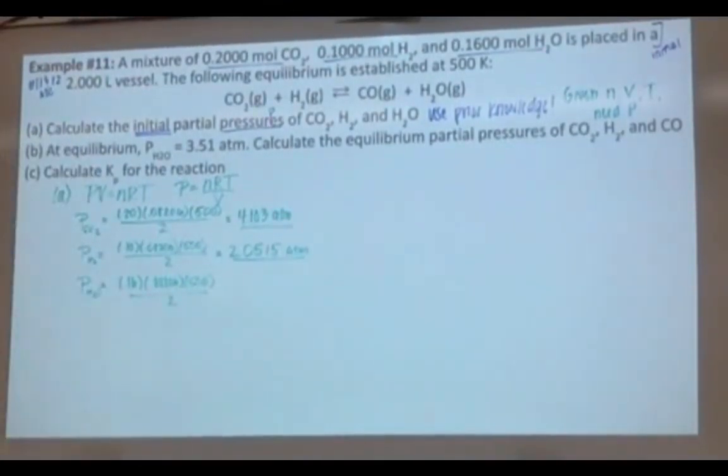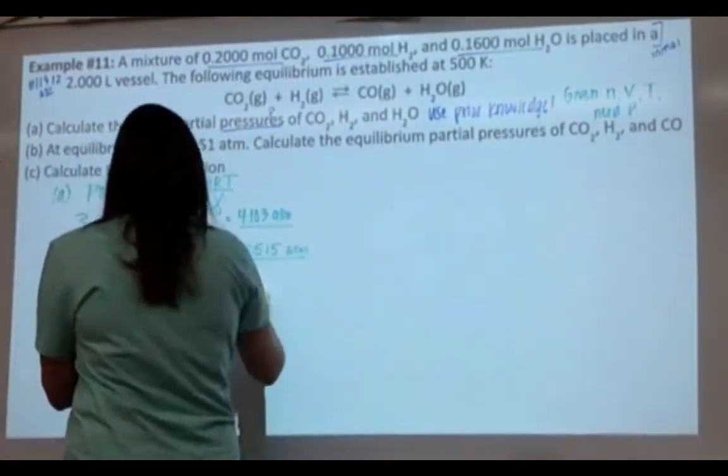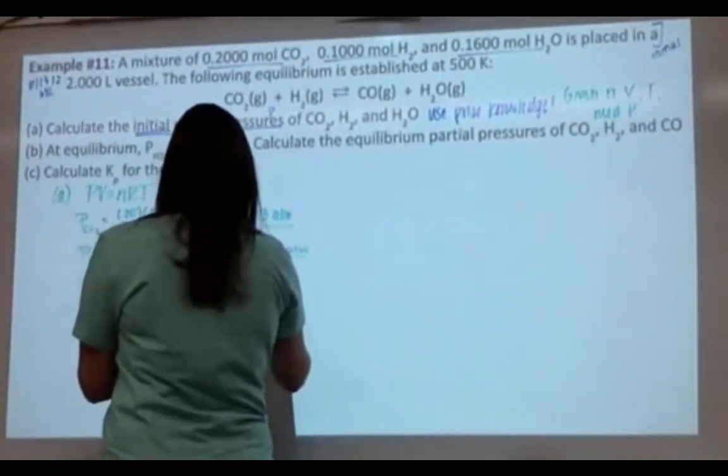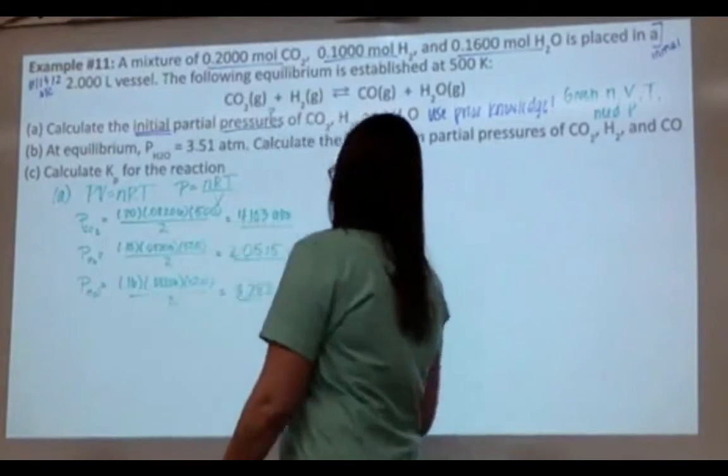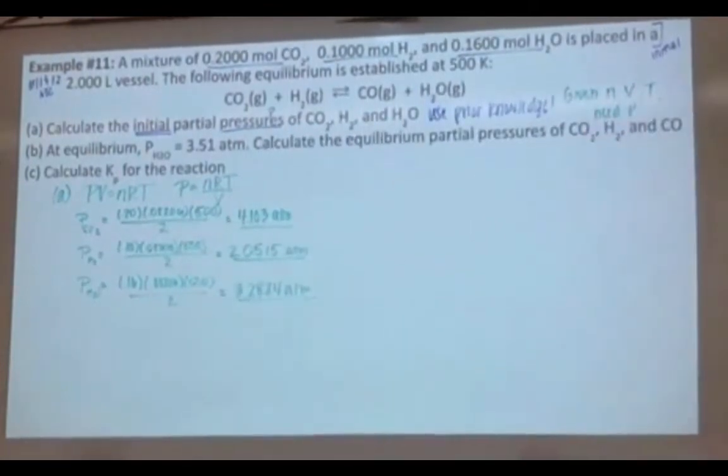So 0.16 times 0.08216 times 500, all of that divided by 2, 3.2824 ATM. There's part A. There are answers for part A.